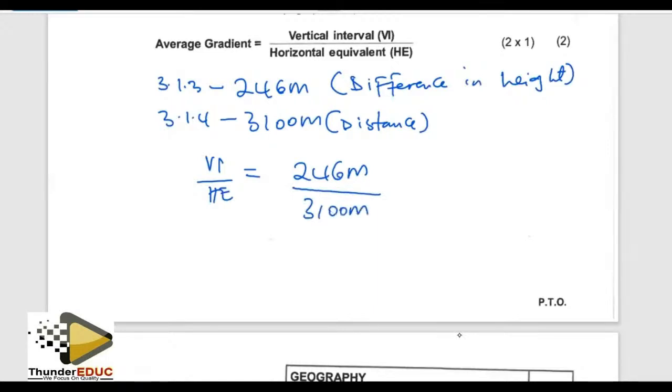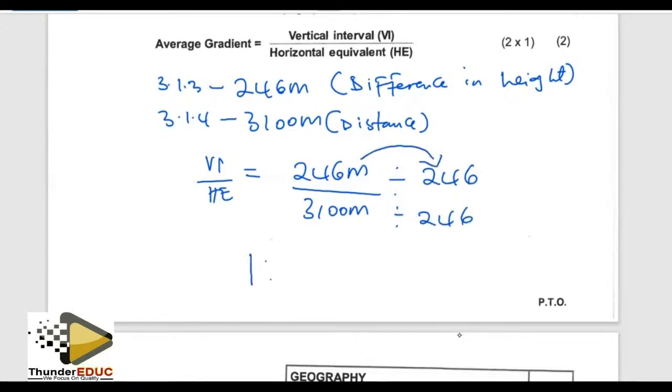When you have everything in meters, the figure on top divides by itself, divided by 246. And what you do on top, you do at the bottom too, divided by 246. Then 246 divided into 246 will be 1.